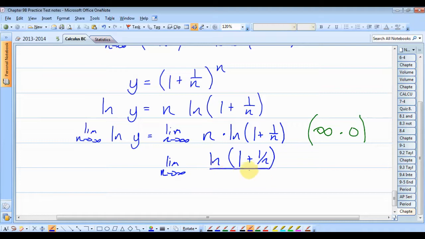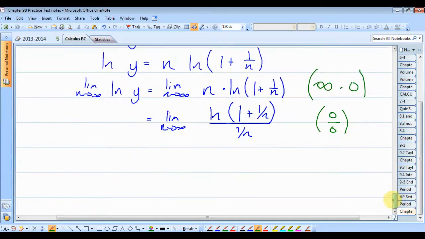Over 1 over n. That's now 0 over 0, right? Which is an indeterminate form. So you're going to use L'Hopital's rule.